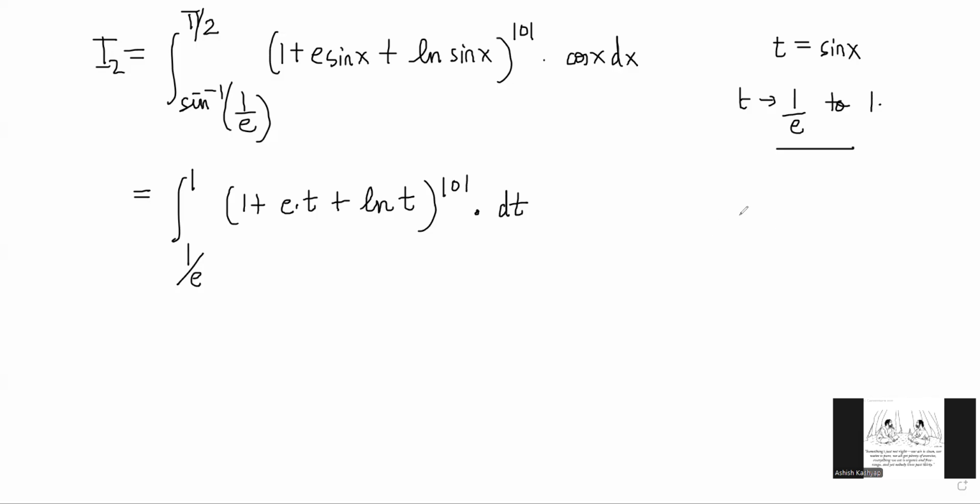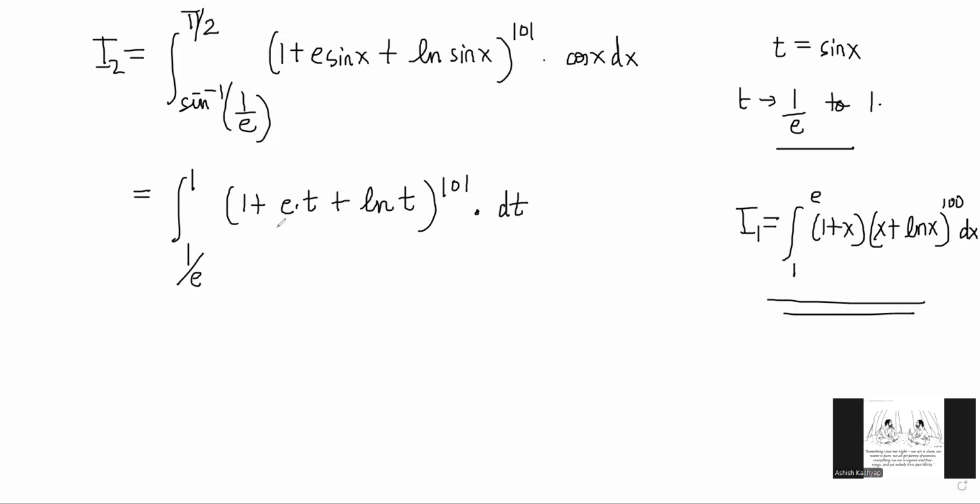Okay. So now think about it. My initial integral I1 was something like this: integral from 1 to e of (1 plus x plus ln x) whole to the power 100 dx, right? Here I have et plus ln t plus 1. So what I can do is I can write 1 plus ln t as ln e plus ln t, and this becomes ln et.